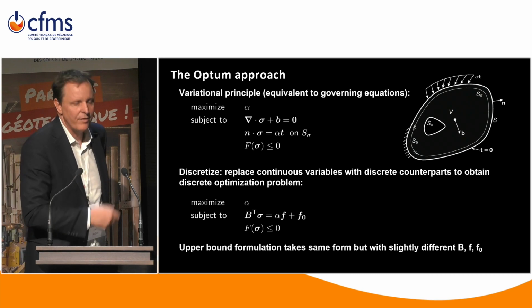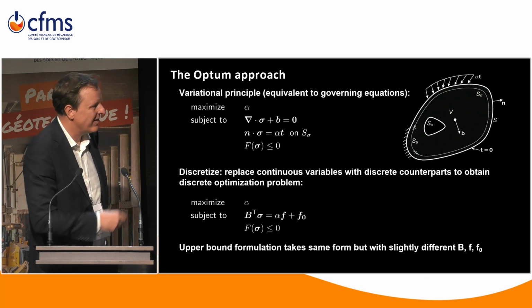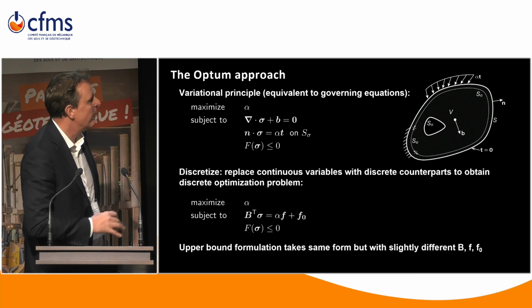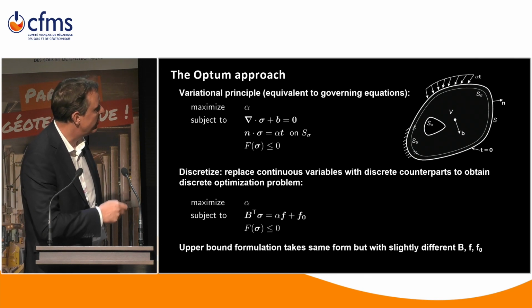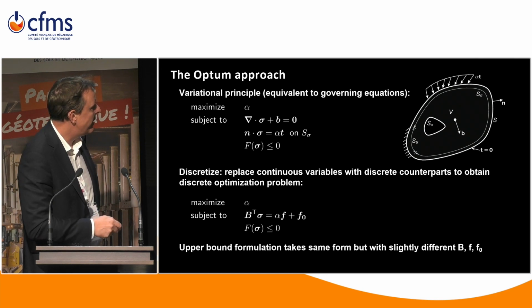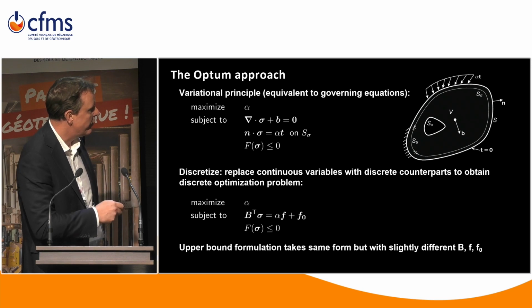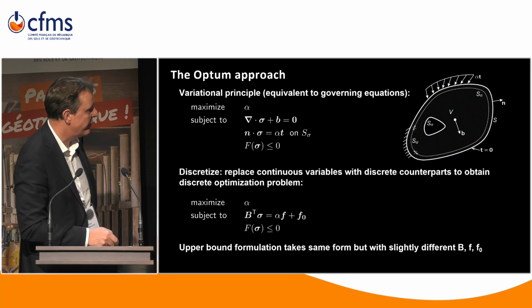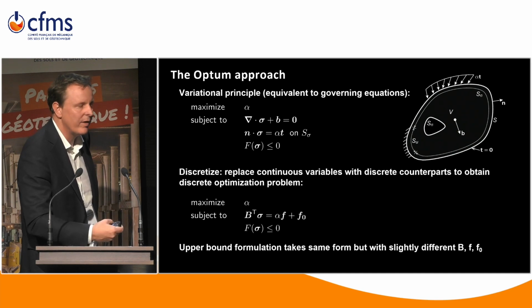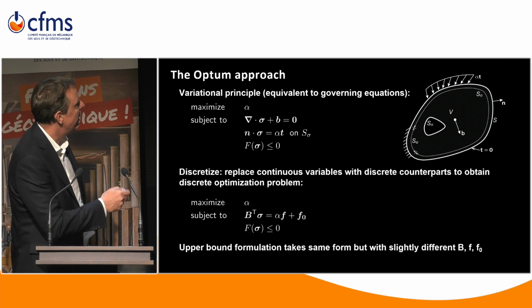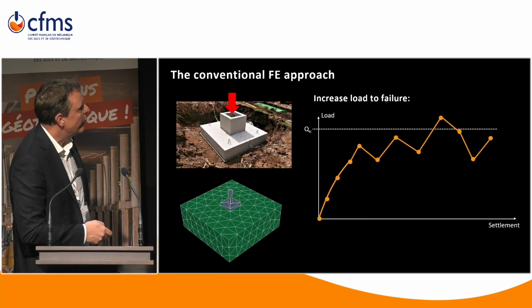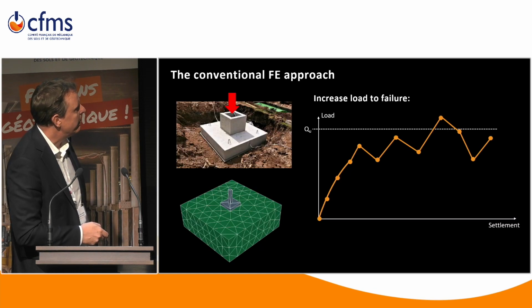It's in the paper, my take on the upper bound formulation anyway. It's slightly more complex than the lower bound one, but at the end of the day, you end up with an optimization problem very similar to this one, except that these matrices, the equilibrium, you could say, is a weak form of equilibrium rather than the strong form. But from a numerical point of view, it's the same.